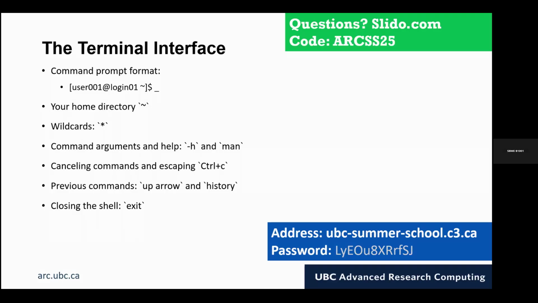The other option that will also be used a lot is if you type man space and then the command, that'll bring up the manual for the command itself and give you the description of what the command is, what it does, all of the various arguments, and sometimes a few examples as well.